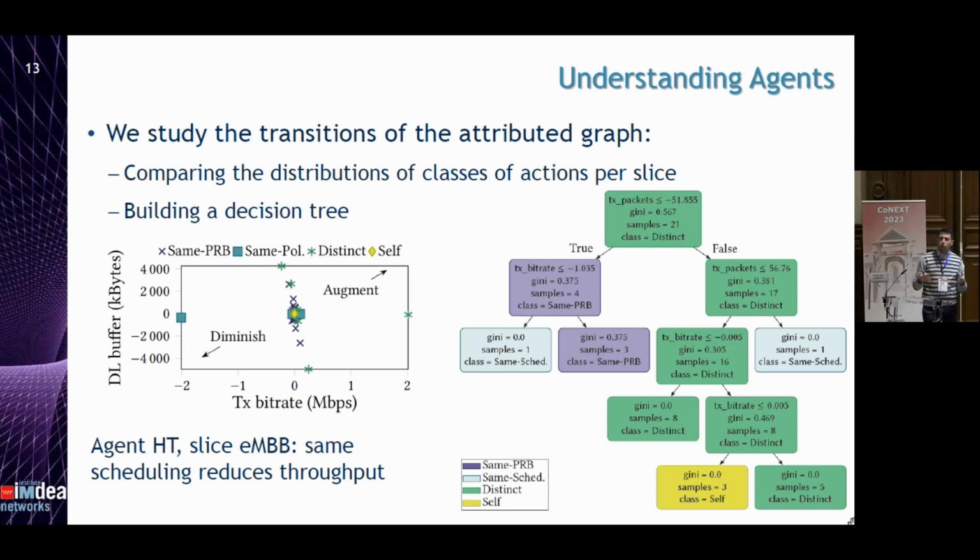And given that we have attributes, what we can study is comparing the distribution in each attribute, and we can get information that is easy to understand from the network perspective. And here is an example.